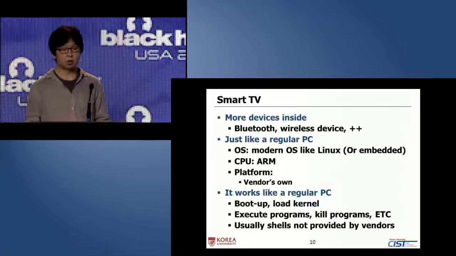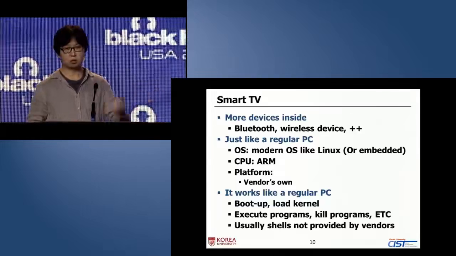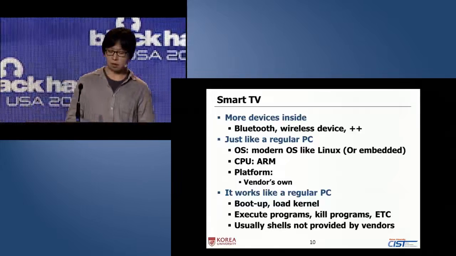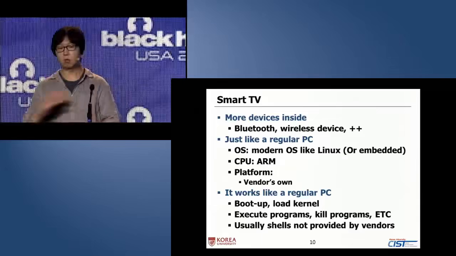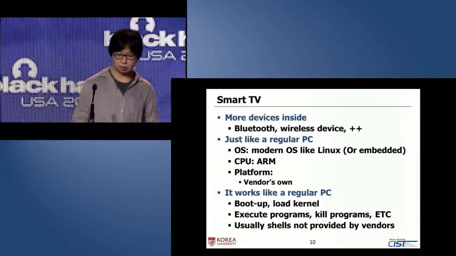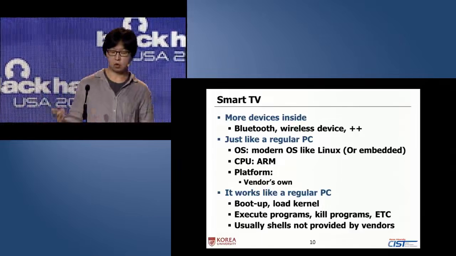As I said, the operating system is Linux, but the CPU is not Intel; they are using ARM architecture. And the vendors write a lot of code for the platform. Since it uses Linux, it works like a regular PC.